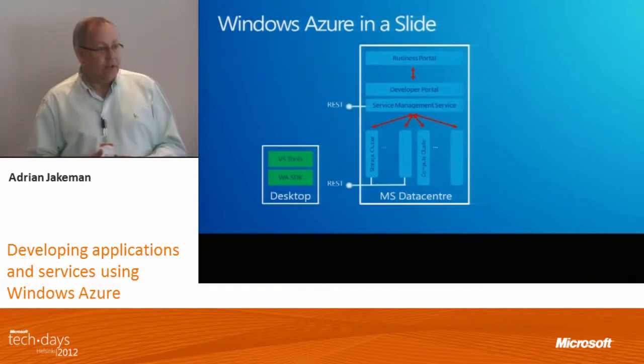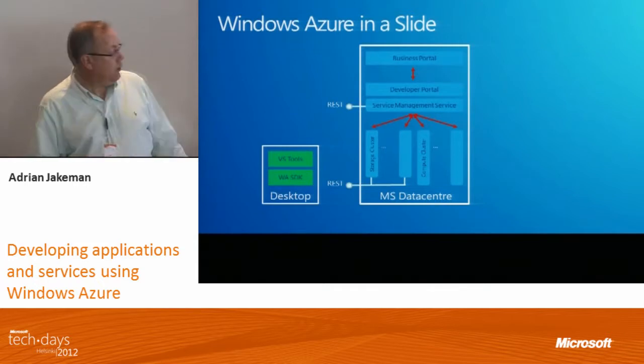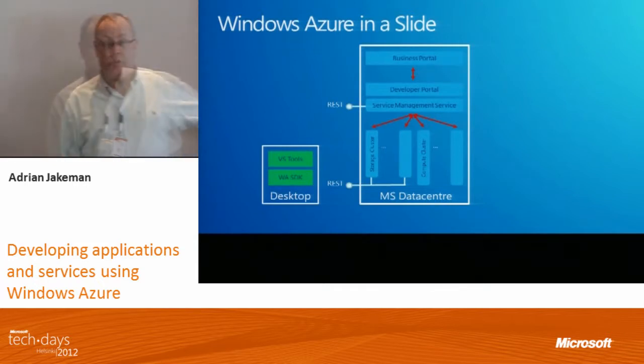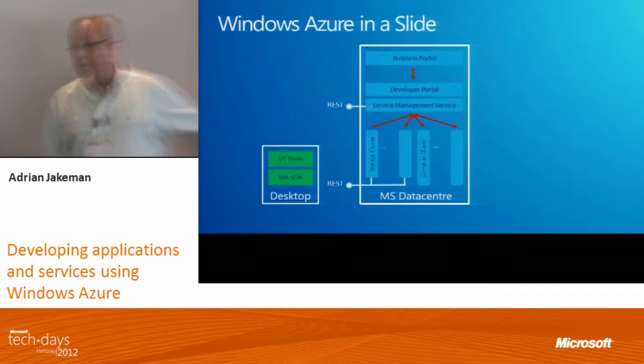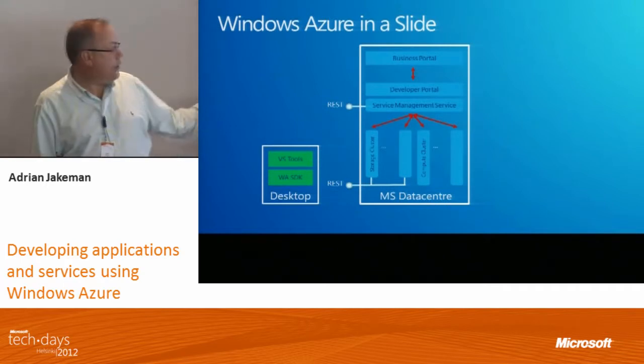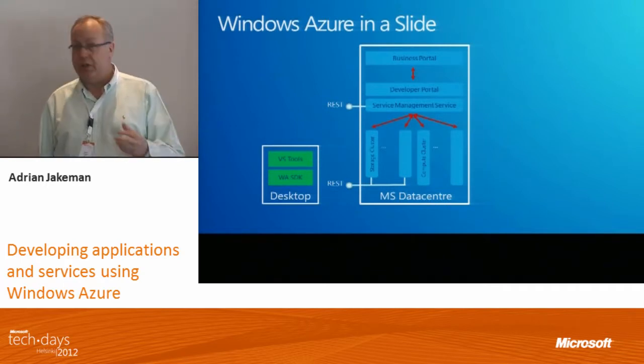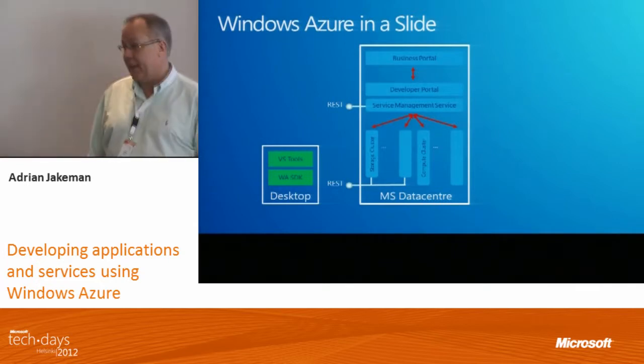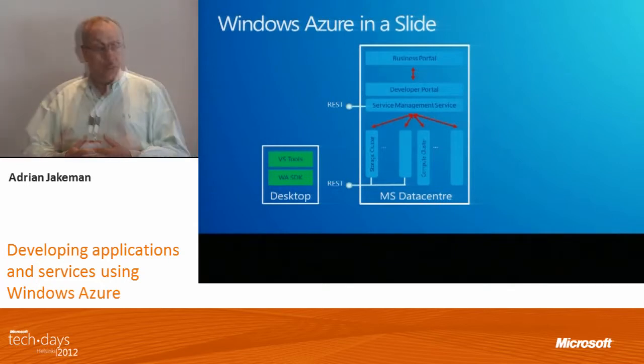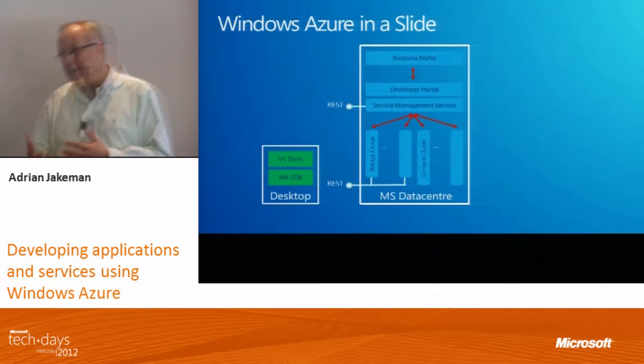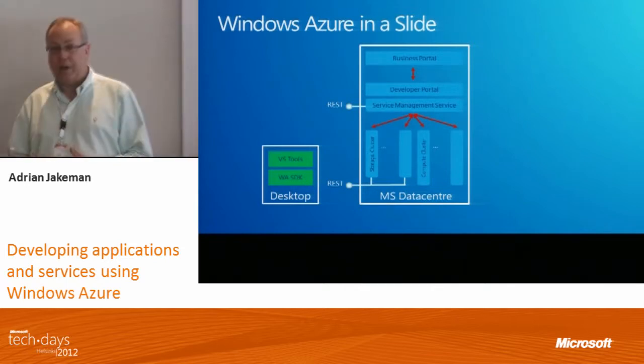Some slight differences: if we're using Visual Studio, for example, we do have to make use of the Visual Studio tools for Windows Azure, and we do have to make sure that we've downloaded and installed the Windows Azure SDK. Those two utilities, if you like, provide us a mechanism for writing Windows Azure applications.